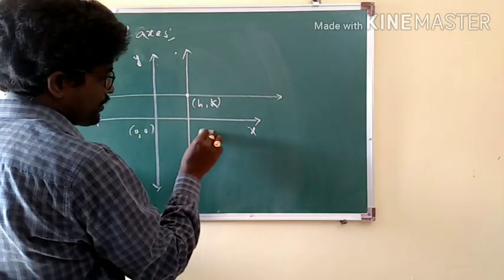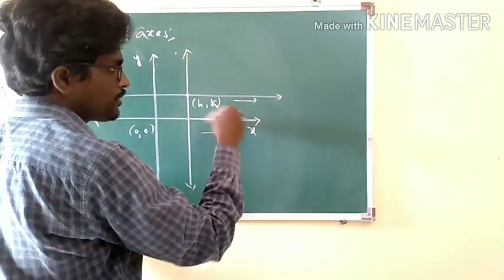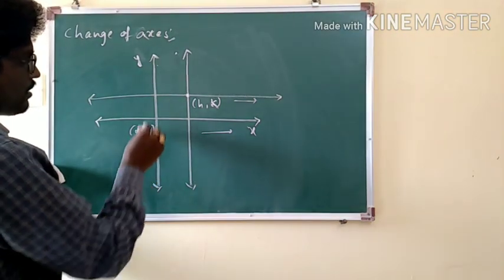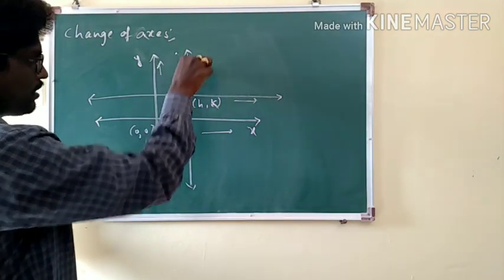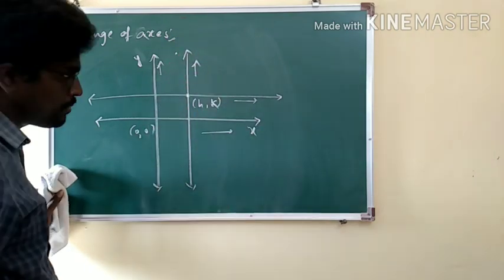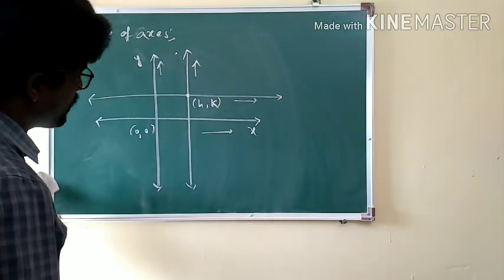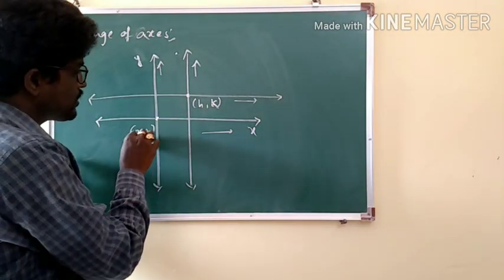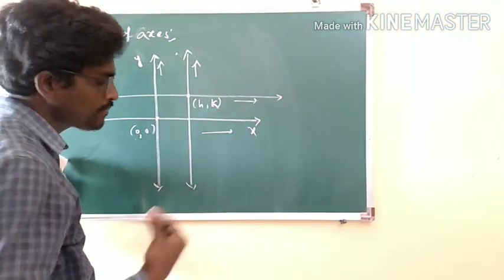What direction this x-axis has, the new axis also has the same direction. Similarly, the new y-axis has the same direction as the y-axis. But the change you notice here is only in the origin. In the earlier case it was (0, 0), but in the new case it is (h, k).